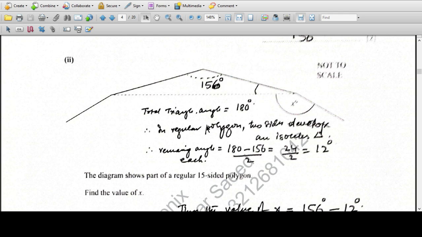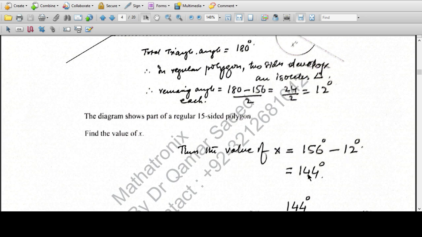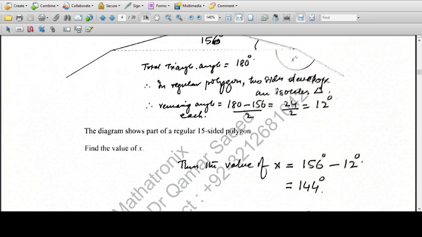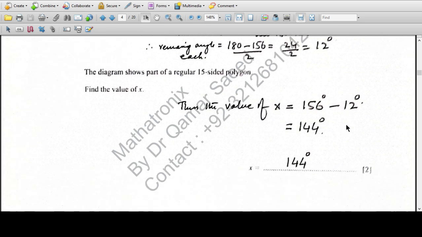So the remaining two angles after this 156 total 24, and each will be 12 degrees. So this angle is 12 degrees. And we know that this interior angle is also 156. So from 156 we will subtract this 12 degrees and we will get the answer here, 144. So the value of this angle x is 144 degrees. This is very, very important and very easy.